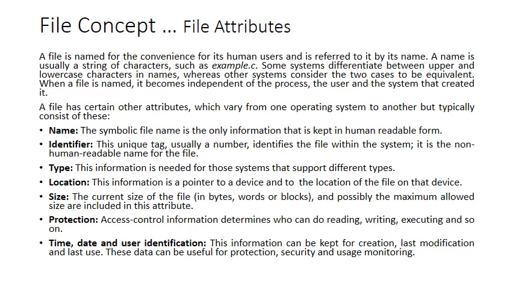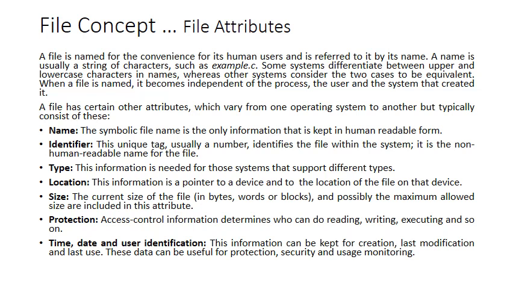We're going to learn about the file attributes. A file is named for the convenience of its human users, like you and me, and it is referred to by that name. A name is usually a string of characters. For example, we can name a file as example.c.